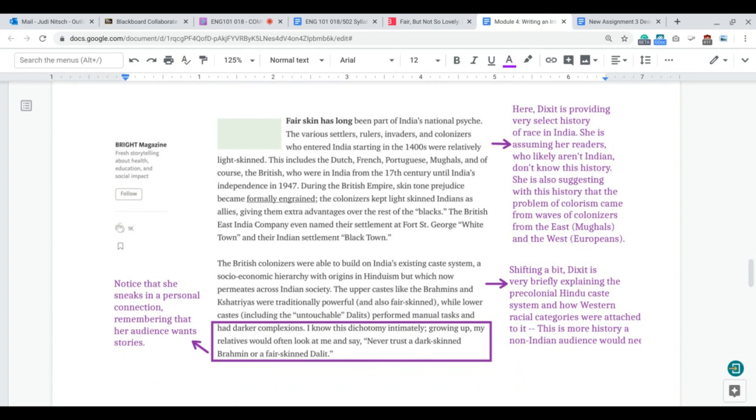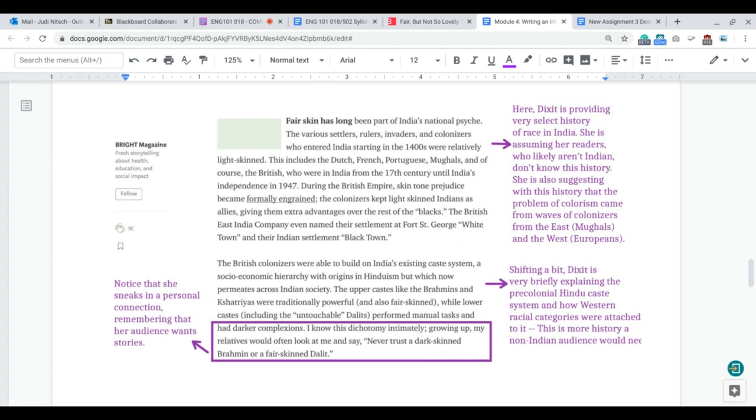During the British Empire, skin tone prejudice became formally ingrained. The colonizers kept light-skinned Indians as allies, giving them extra advantages over the rest of the, quote, blacks. The British East India Company even named their settlement at Fort George Whitetown, and their Indian settlement Blacktown.